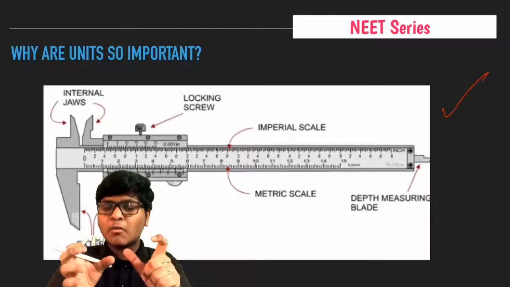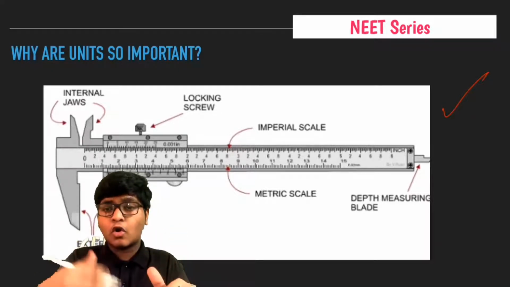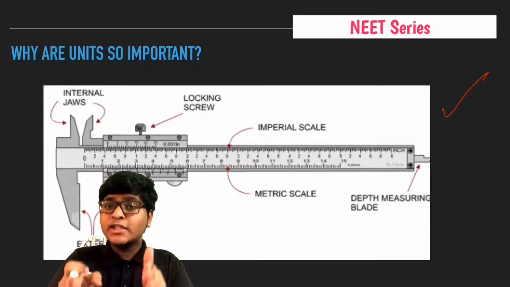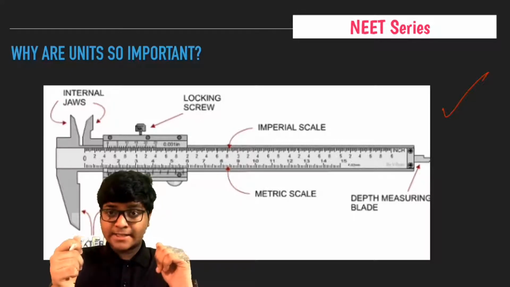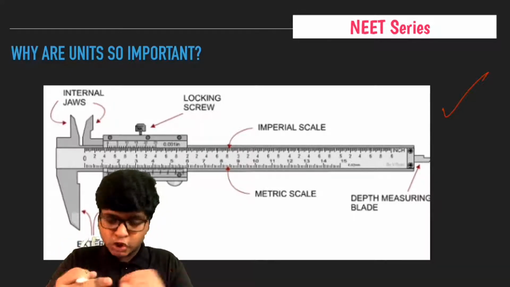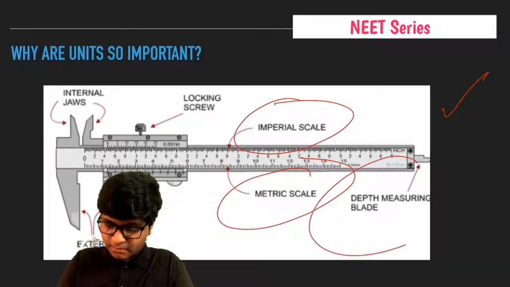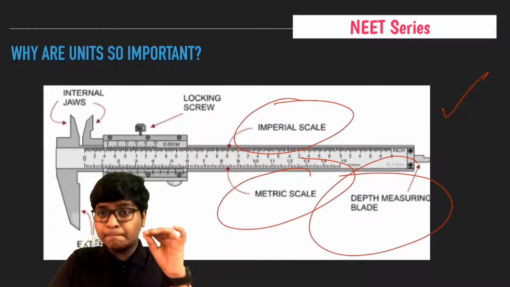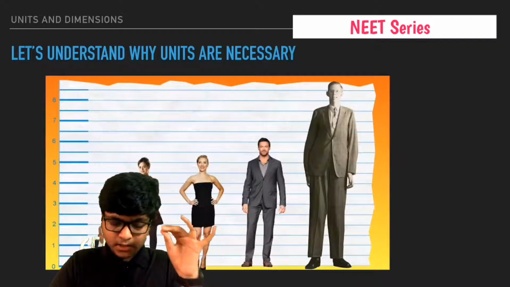We make little errors while measuring, so this Vernier scale, or Vernier calipers, is used to avoid human error. It's like a compass, as you can see. It consists of internal jaws, external jaws, a locking screw, an imperial scale, a metric scale, and a depth measuring blade. These are some of the important parts of a Vernier scale. Make sure to take a look at it.